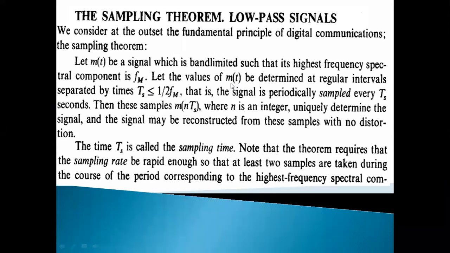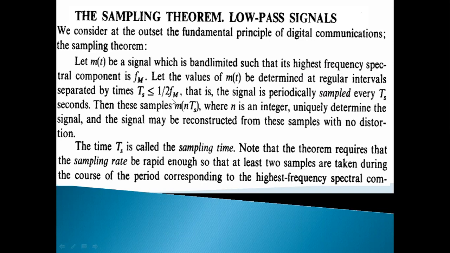That is the sampling time for the regular intervals of the M of t signal, which is a continuous signal. What is fM? fM is the maximum frequency of the modulating signal.